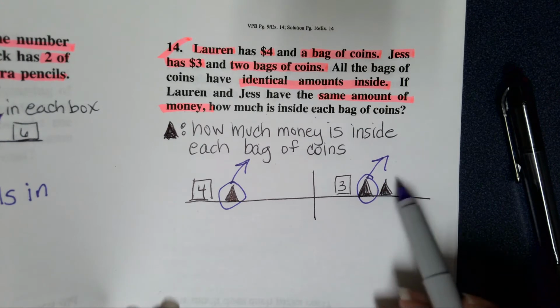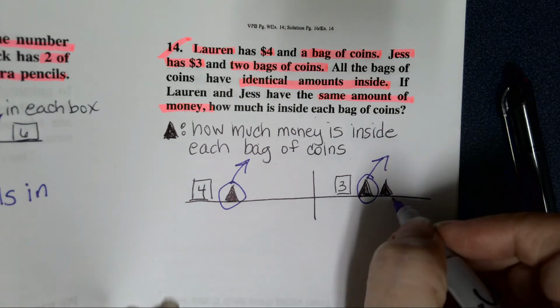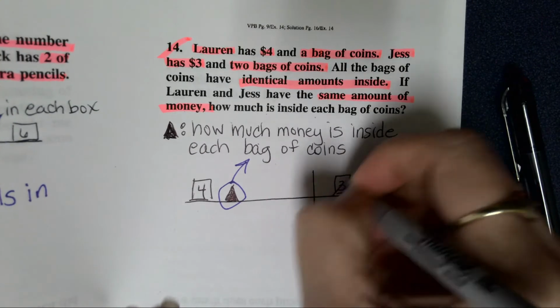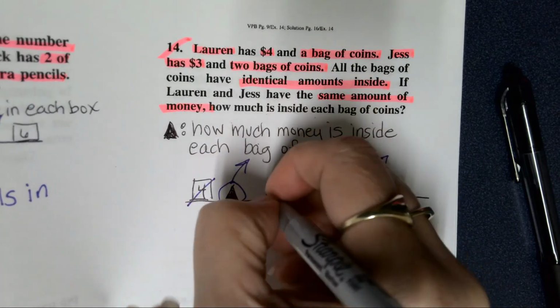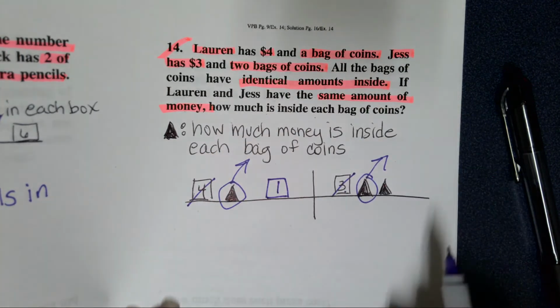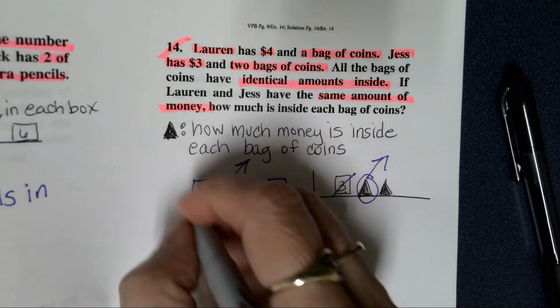So now we have 1 pawn over here, but we don't have pawns on the left. So let's leave that pawn there and take care of our 3. If we subtract 3 from the right, we have to subtract 3 from the left, and that leaves us with 1. That leaves us with pawn equals 1.